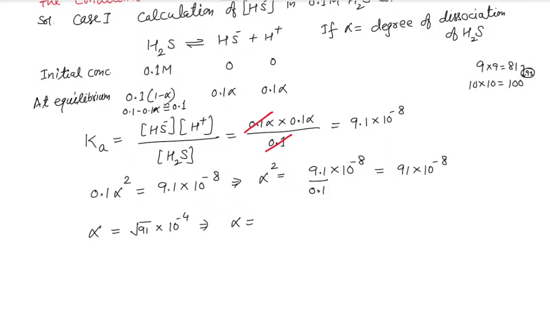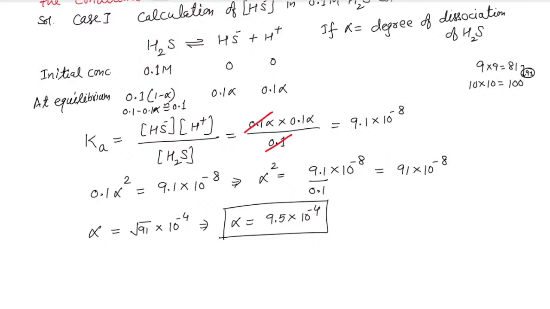So the value is almost 9.5 into 10 raised to power minus 4. That is alpha, right?